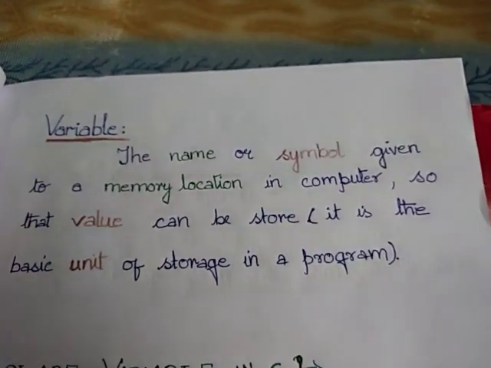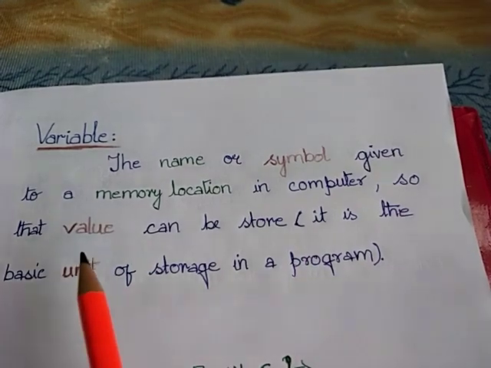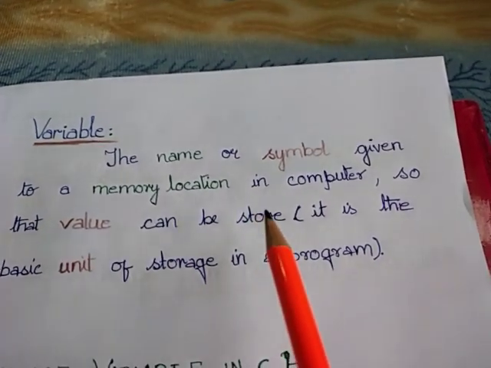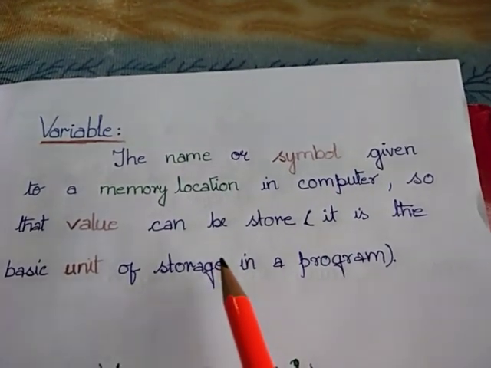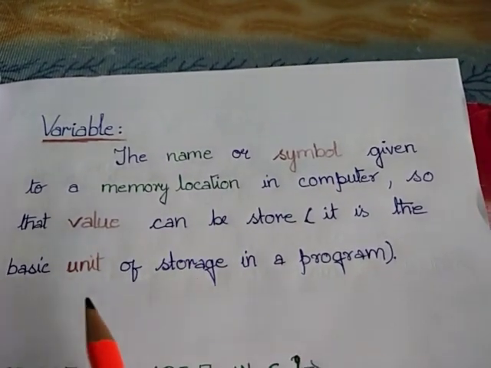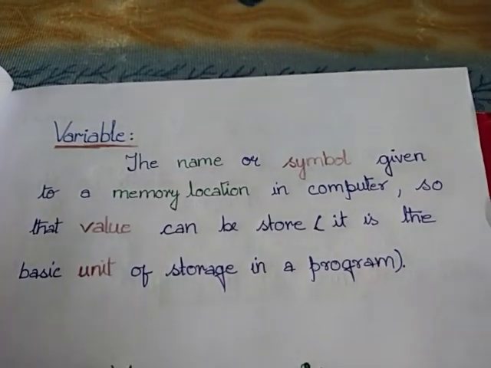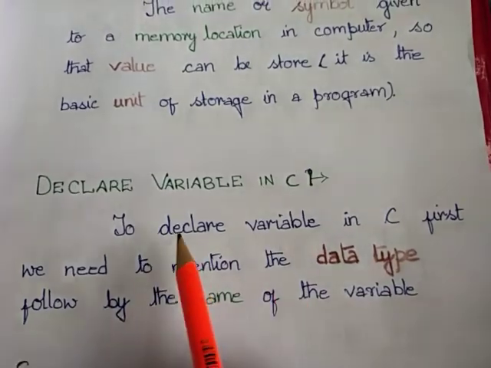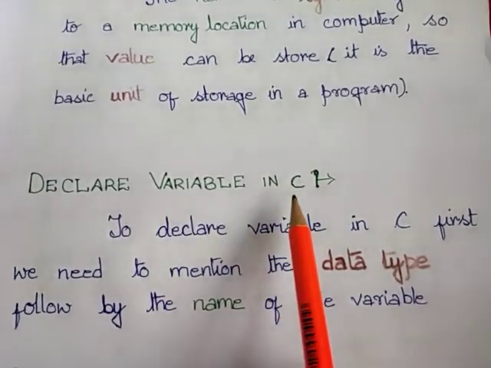Remember, in computer science, variable is the name or the symbols that we give to the memory location, and in that memory location we can store the value, and therefore variable is known as the basic unit of storage in a program. So now let's see how to declare a variable in C.